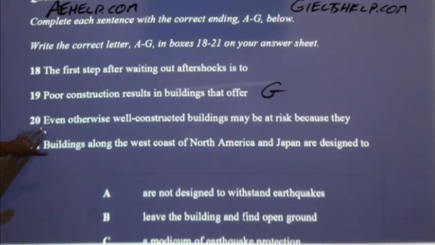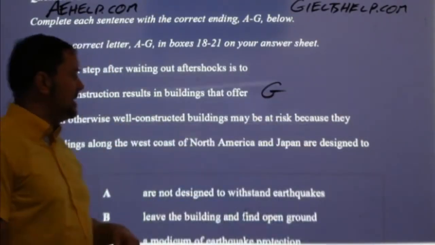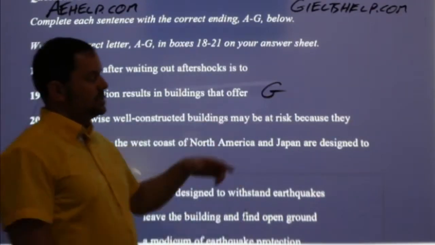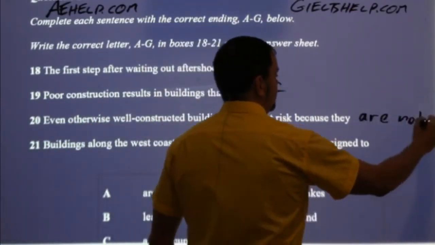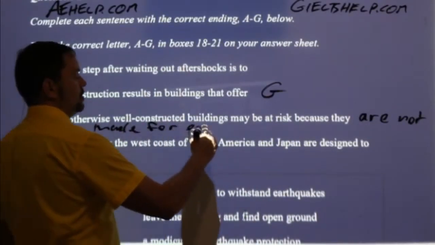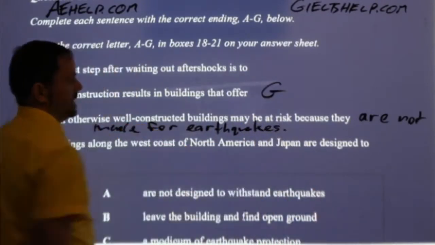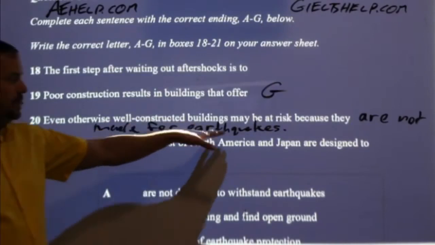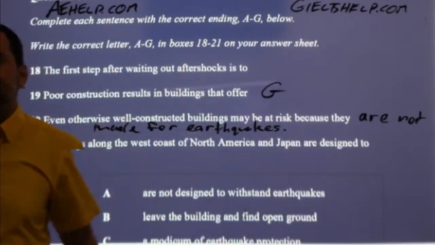All right, number 20. Even otherwise well-constructed buildings may be at risk because they are not made for earthquakes. That would be my ending for this. Even otherwise well-constructed buildings may be at risk because they are not made for earthquakes.